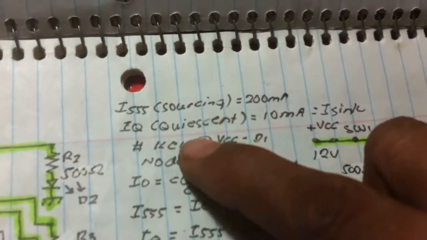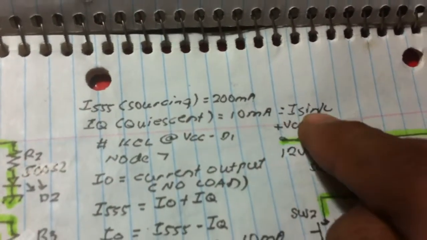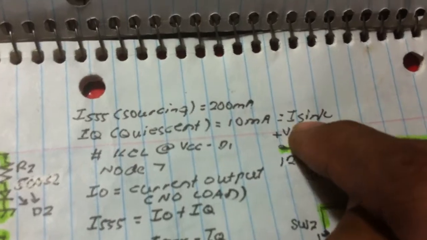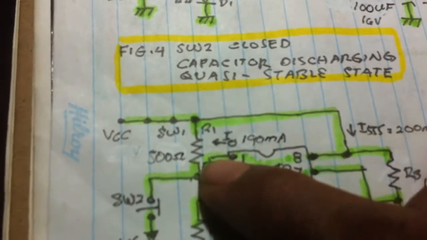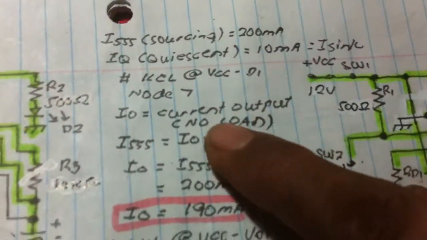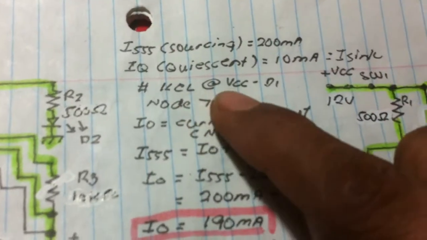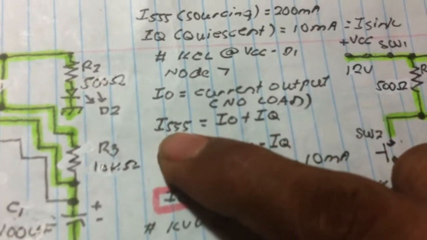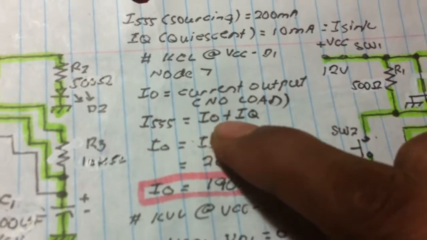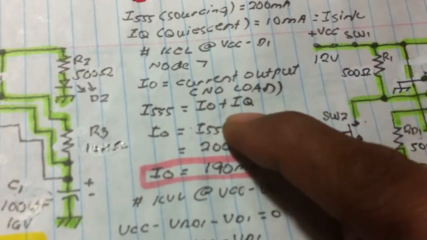And we have this quiescent current, 10 milliamps, the sinking current of the 555 timer. Without a load, you can compute that using this: sourcing current is equal to output current plus quiescent current.